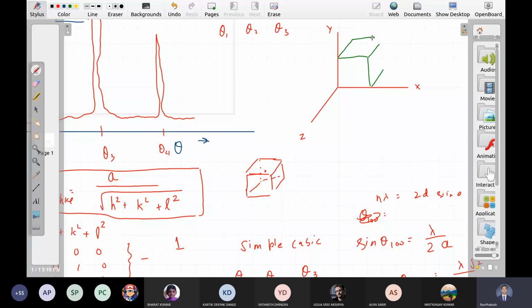Which region does it belong to? Here X is positive, Y is positive, Z is negative. I am going to draw one unit cell, and this is the body centered point.